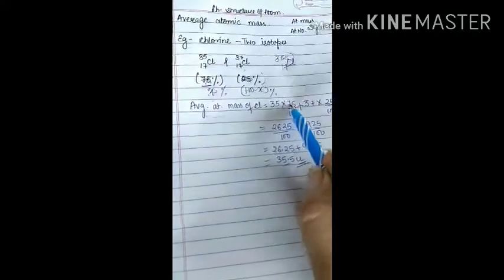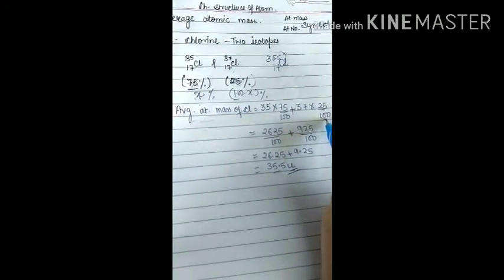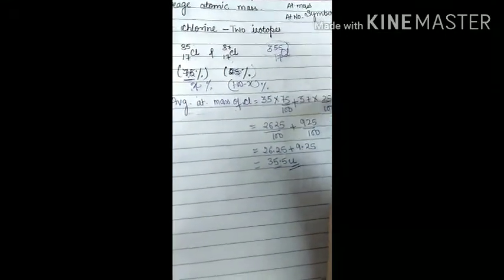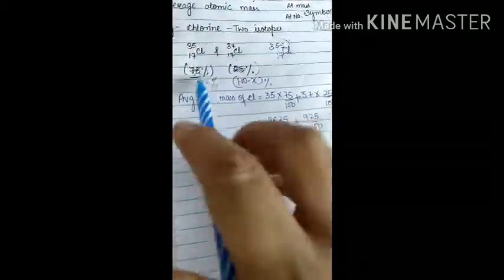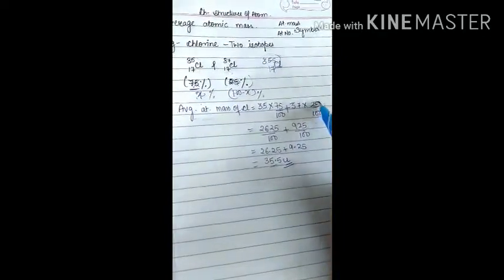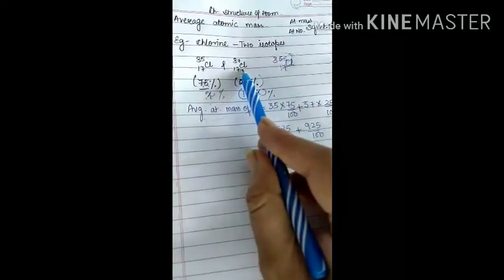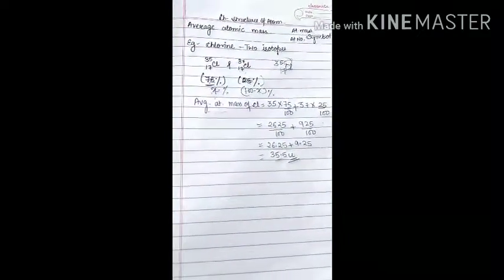So you will write x upon 100, and here you will write (100 minus x) upon 100, because x percent will show the quantity percentage of the first chlorine, and the next 100 minus x will show it for the second chlorine. So please do the given numericals related to this.